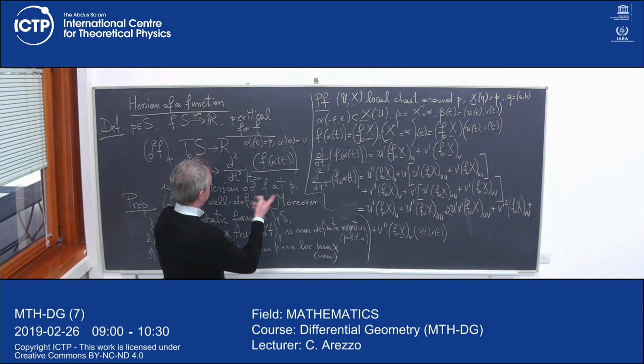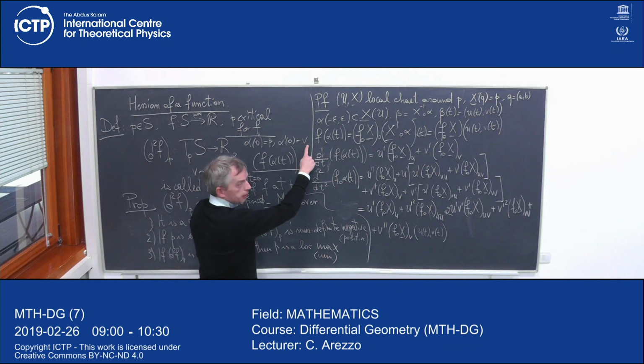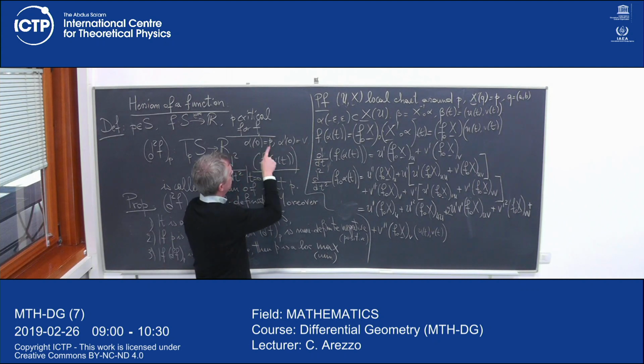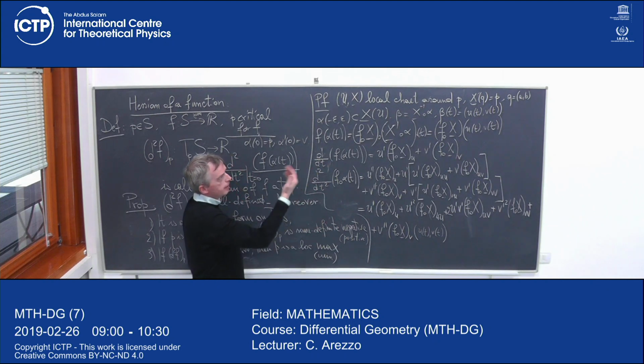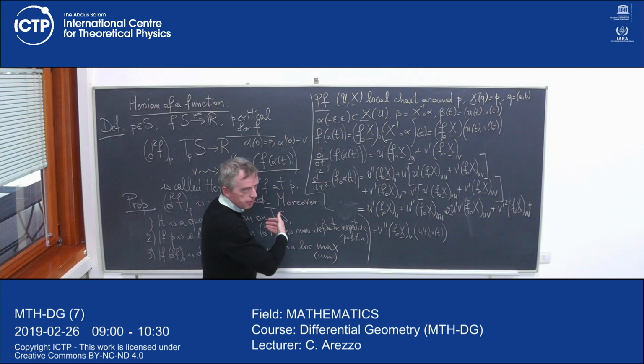P and V. Okay, what is P in this language? u of 0, v of 0. And what is V in this language? u prime 0, v prime 0, in the sense that strictly speaking this would be beta prime of 0, but of course the knowledge of beta prime and V is the same thing. You just have to apply the differential of x to get one from the other, no?